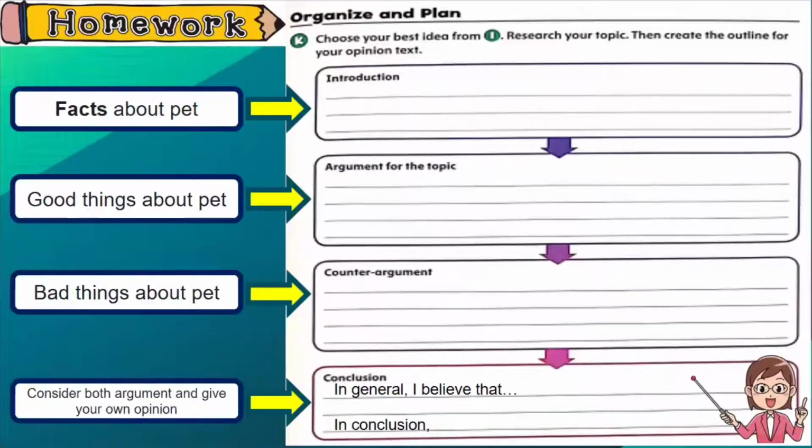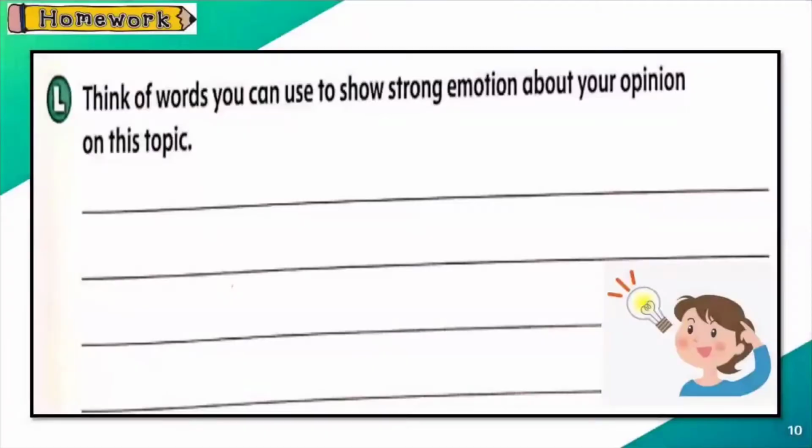Which one do you agree with? Do you believe that it's still good to have pets and so on, and then you continue that? Or you can start with in conclusion and then start writing what else. Okay, so that's it. I hope you can do it. I know you can do it because it's very easy, and I made it easier for you.